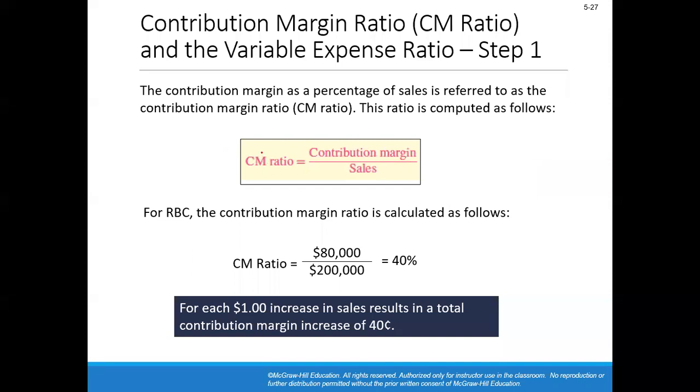We get an idea of the contribution margin, but you see that we are not saying contribution margin, we are saying contribution margin ratio.